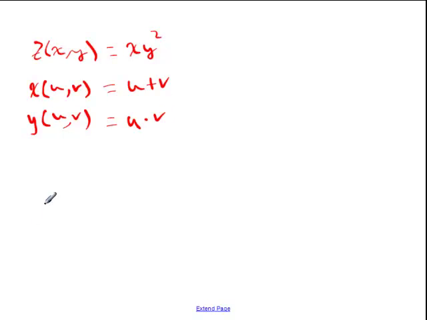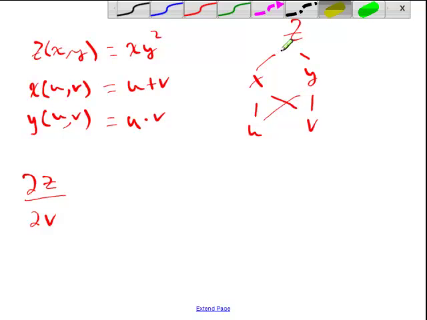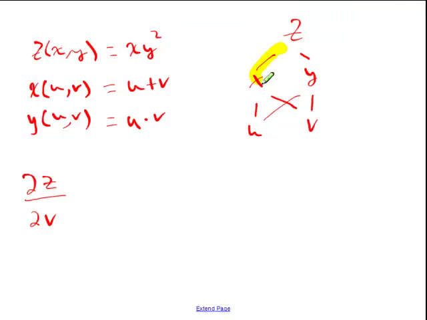So if I want to find the partial derivative of z with respect to v, the ways in which z changes because of v is that path and this path.